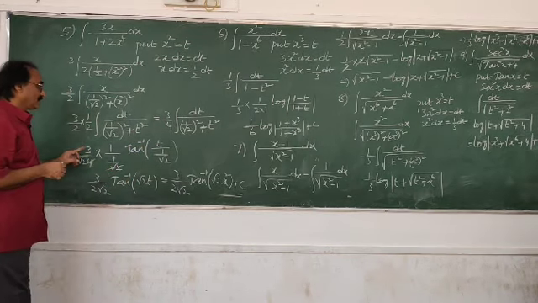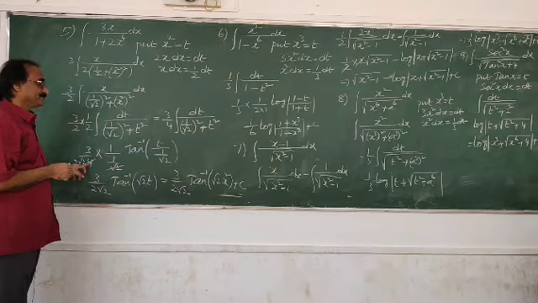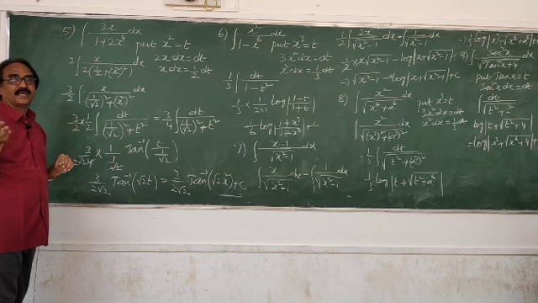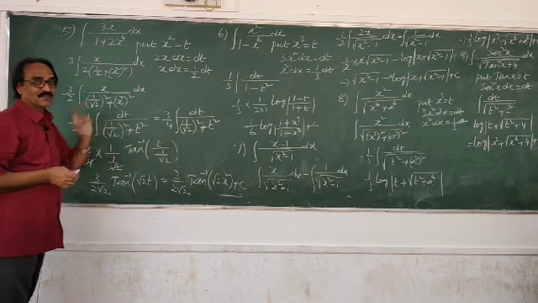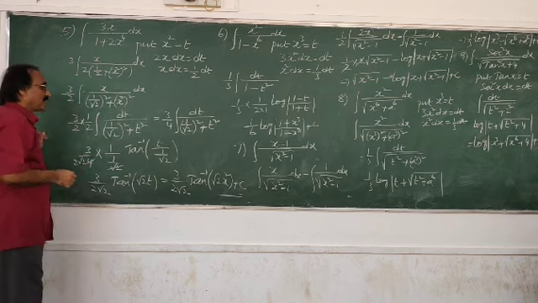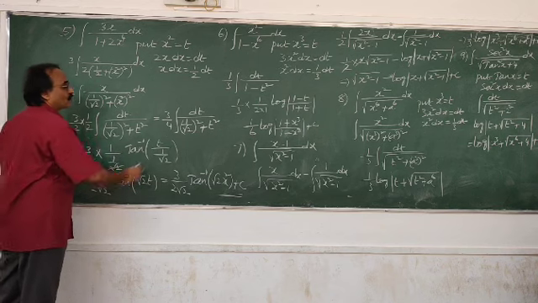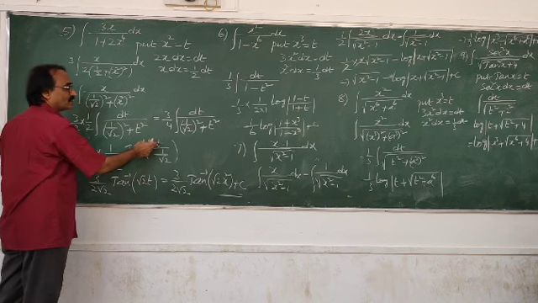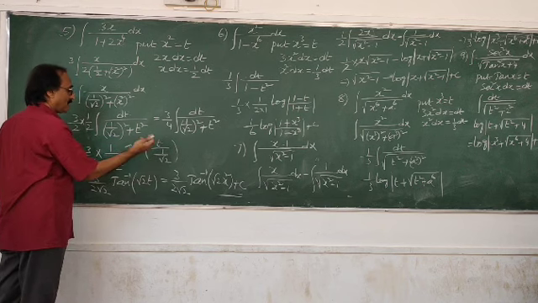Therefore 3 by 4 into, what is the formula of 1 by x square plus a square? It is 1 by a tan inverse x by a. Root is not there. Here a is 1 by root 2, so 1 by root 2 into tan inverse t by a, with a equal to 1 by root 2.